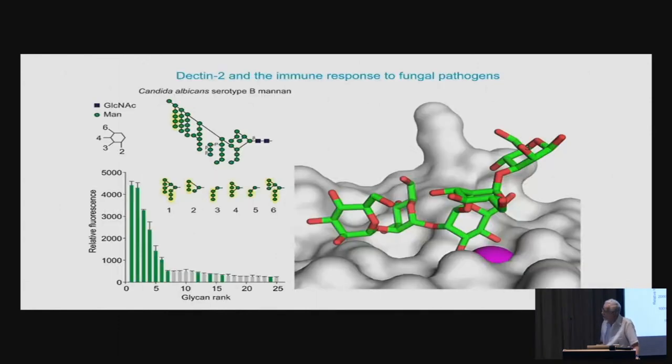Of course, the binding sites aren't just as simple as the monosaccharides, and this is where they start to differ significantly from the Siglecs, because the binding sites can be more extended. And so we can get these quite lovely glycan array results where we put a protein, in this case dectin-2, a receptor found on macrophages that binds to yeast in particular, on the glycan array and score what are the things that it binds to best.